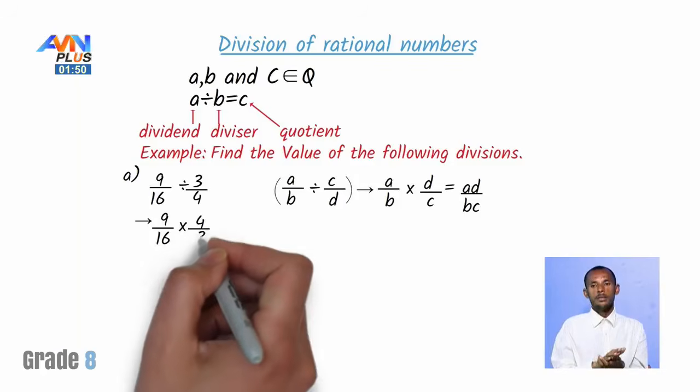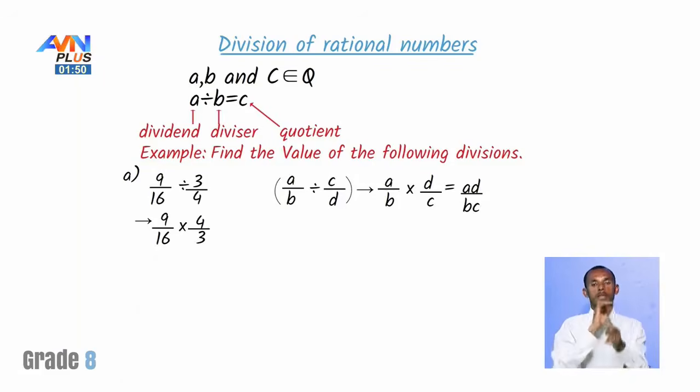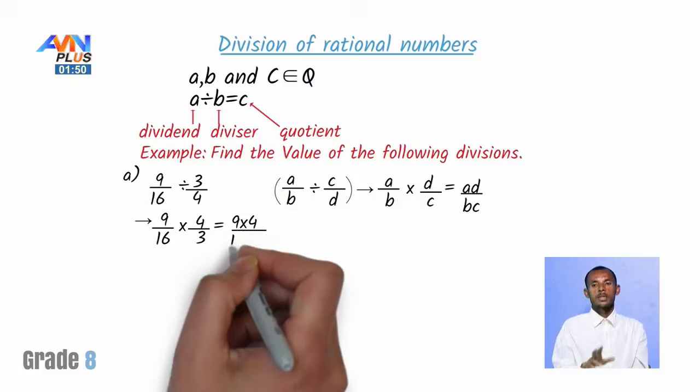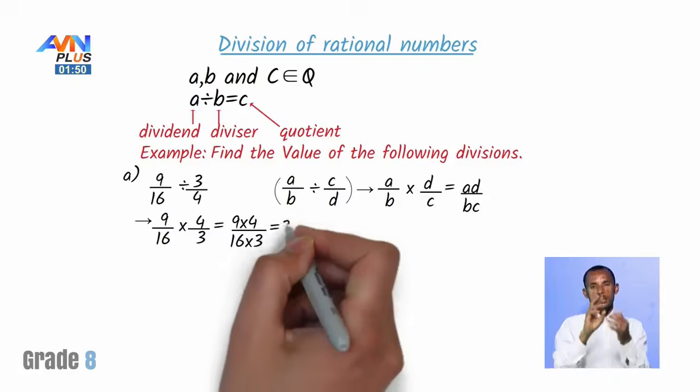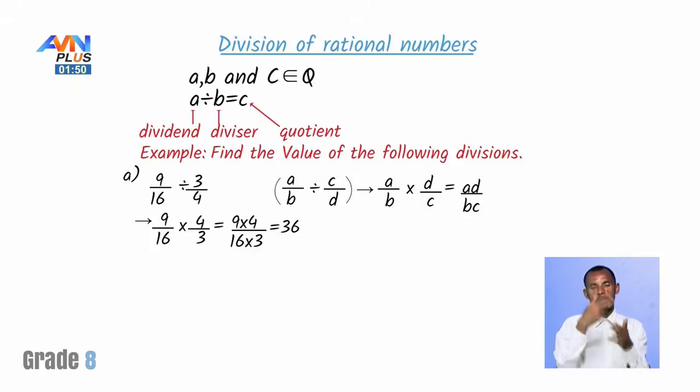This gives us 9 times 4 over 16 times 3. 9 times 4 is 36, and 16 times 3 is 48. So this can be your answer.